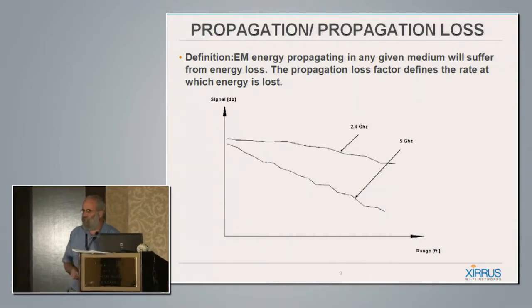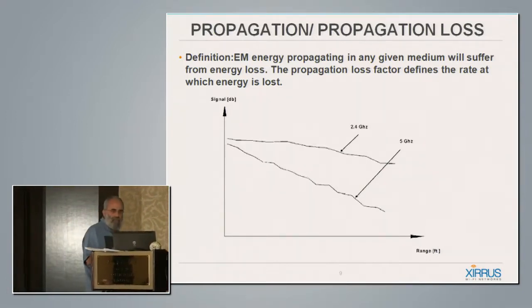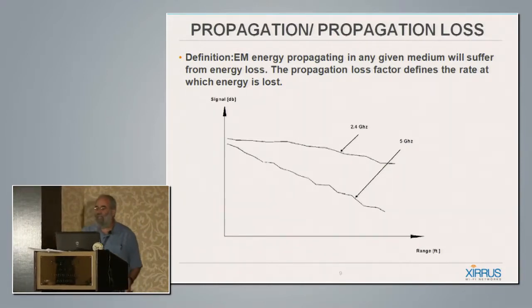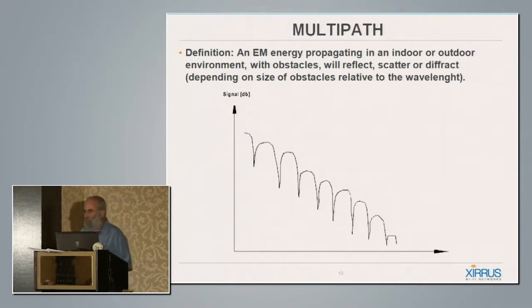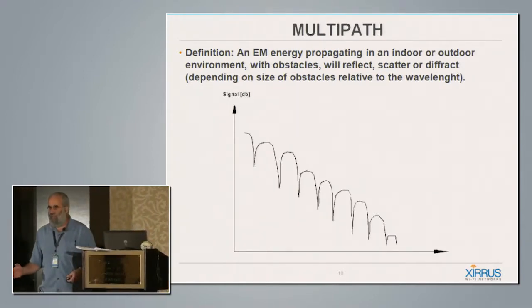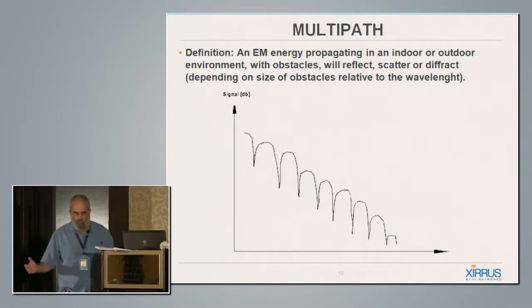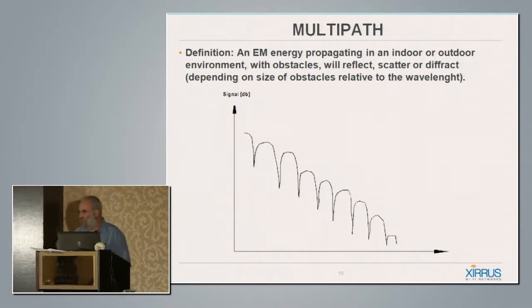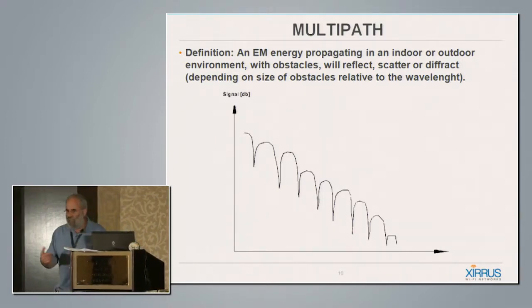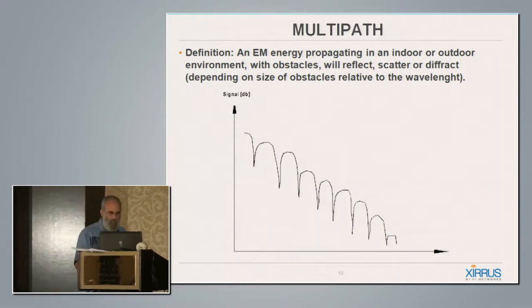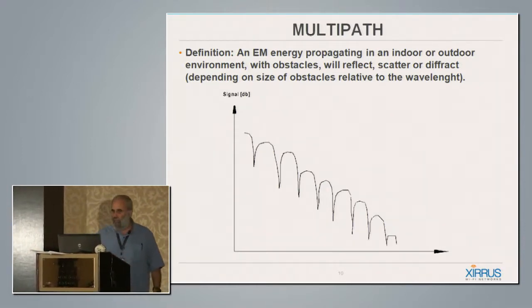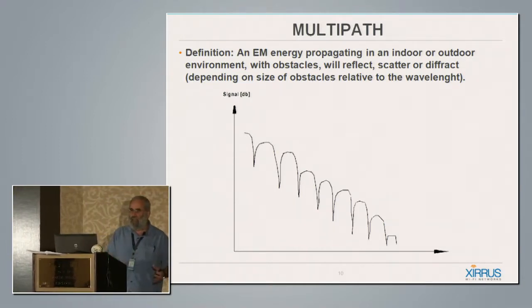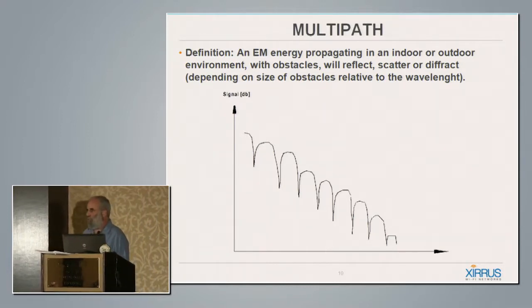When we talk about propagation, ideally things may look smooth at 2.4 and 5 gigahertz, but in reality, the signal strength as a function of distance away from the access point has dropouts. And those dropouts can happen at a certain interval as a function of the wavelength that we are working on. What happens at 2.4 gigahertz and at 5 gigahertz, in a way, are two different worlds.